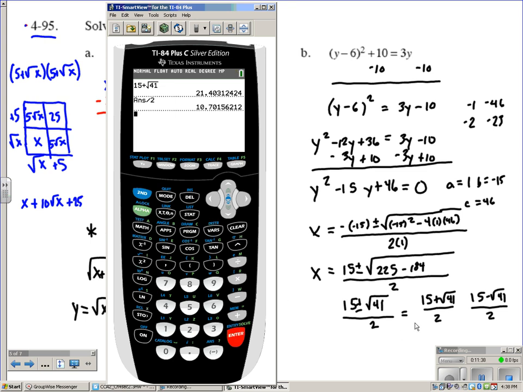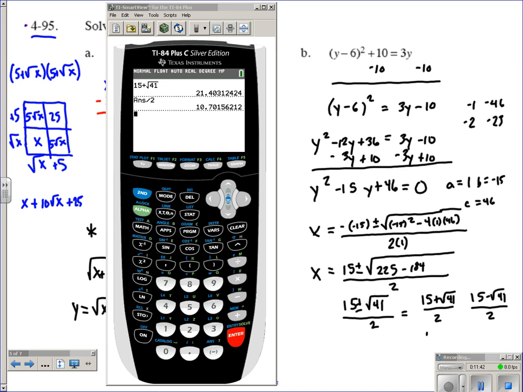I get that the value of my first one is approximately 10.7. We'll round it, that's okay. With numbers like that, it's completely fine to round it off.